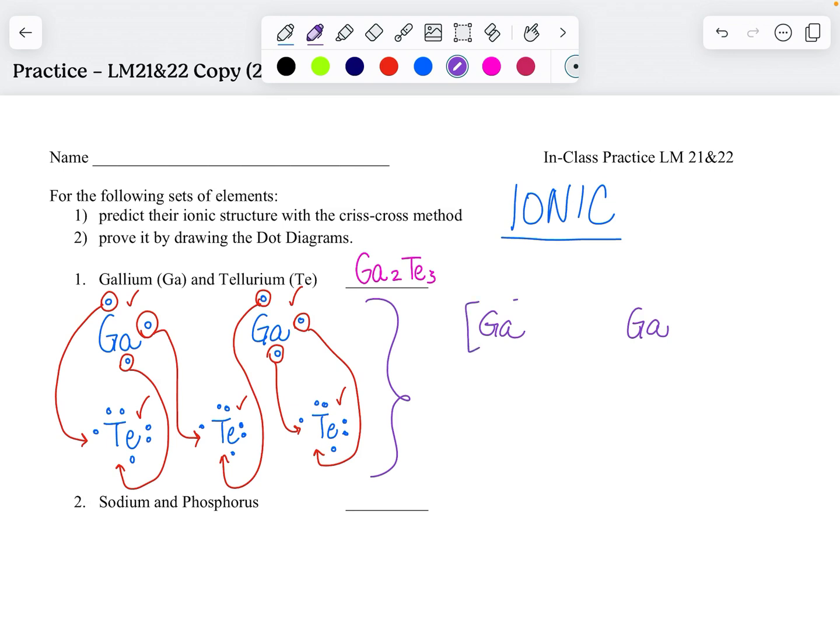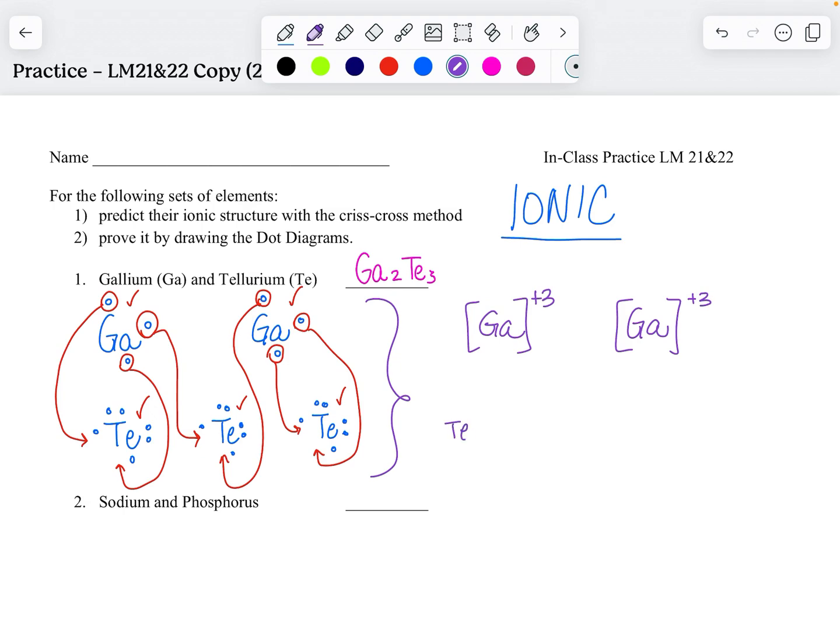The one thing we do differently now is because gallium is an ion, we are going to show that it's different. To show that it's an ion, we put it in brackets and we put its ion charge on the outside. This is the standard way of showing that a structure is an ion. So there's our two gallium ions.